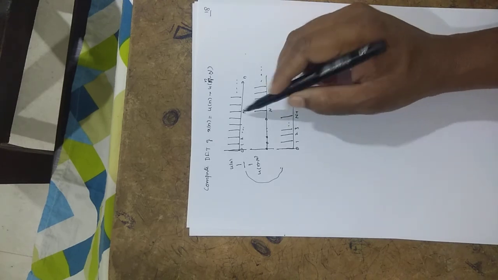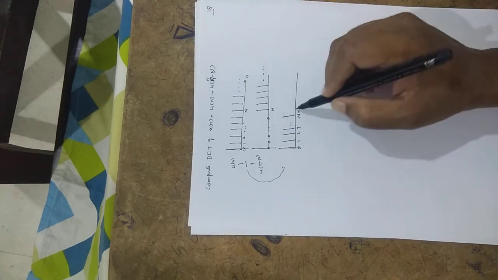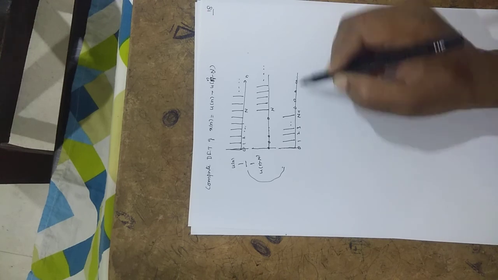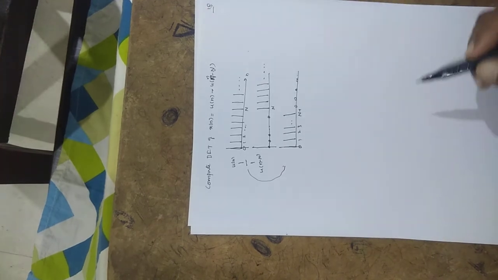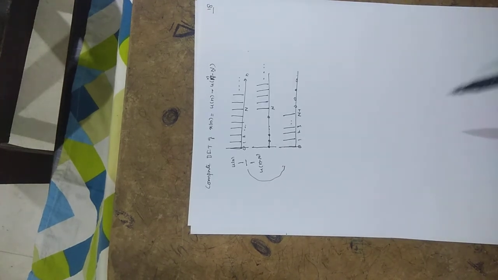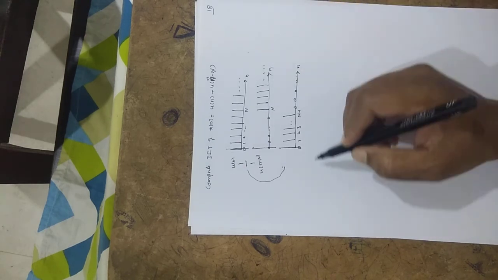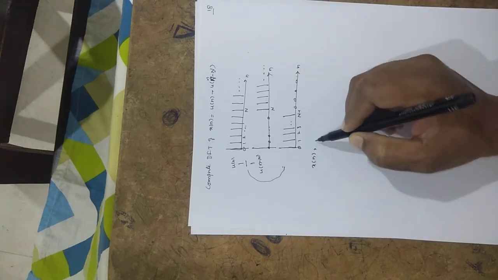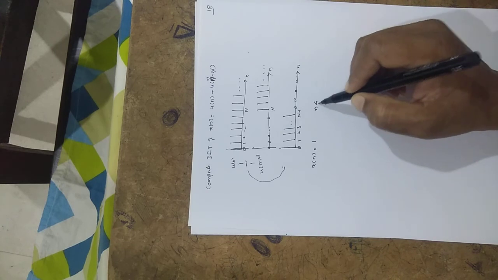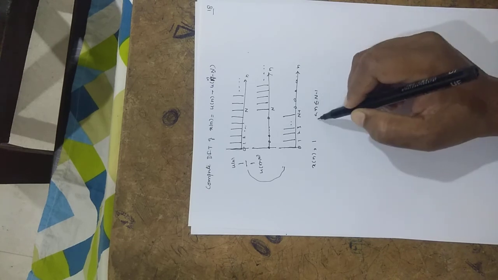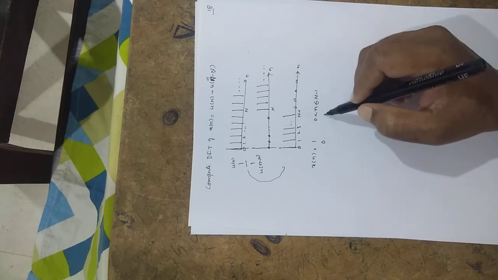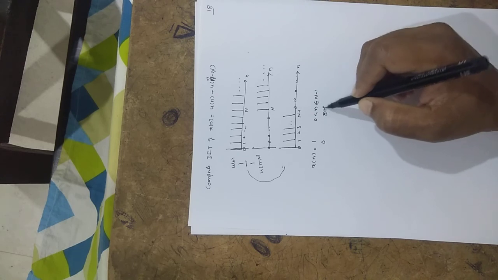Here at n, 1 minus 1 is 0. So the sequence is only this much. In all the cases, this is the index n. So x of n equals 1 for n from 0 to n minus 1 and 0 otherwise.